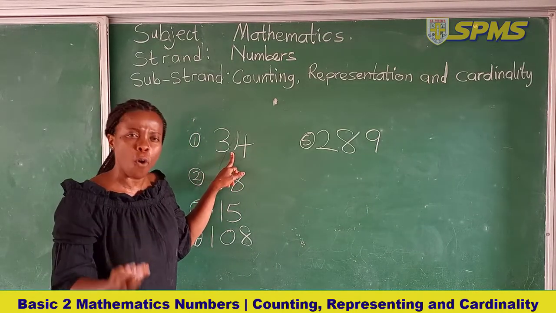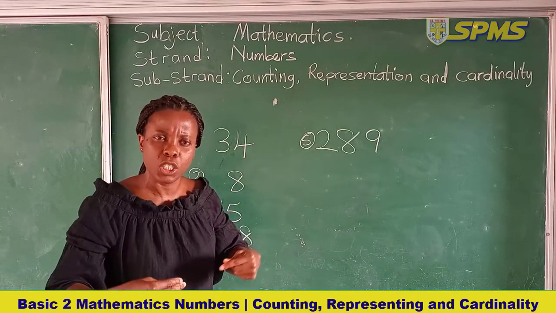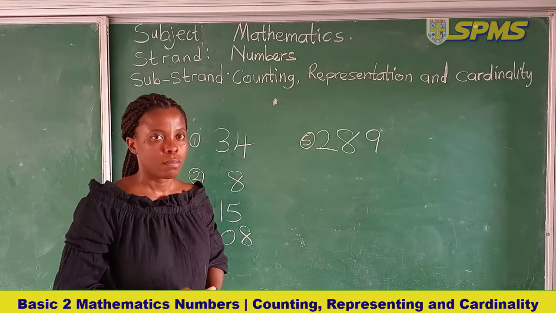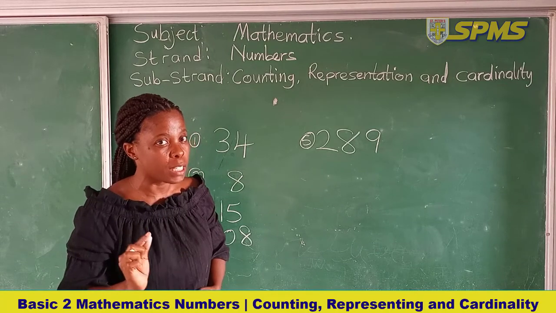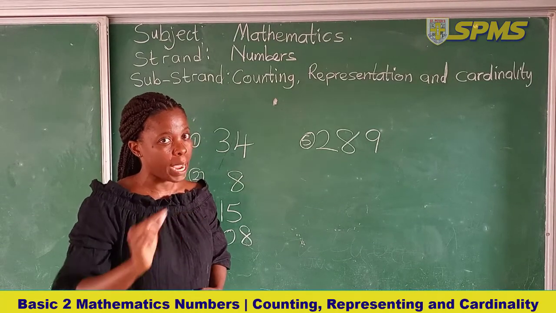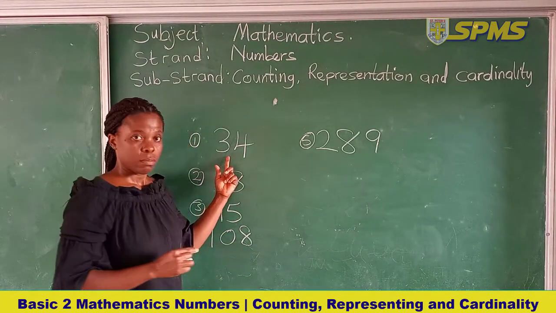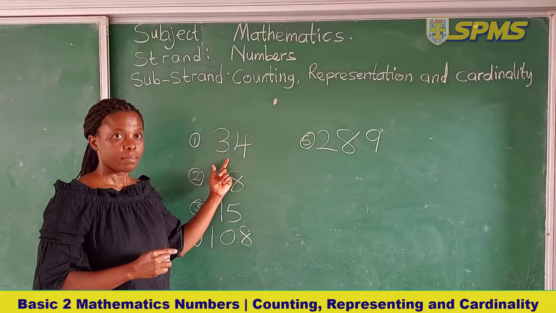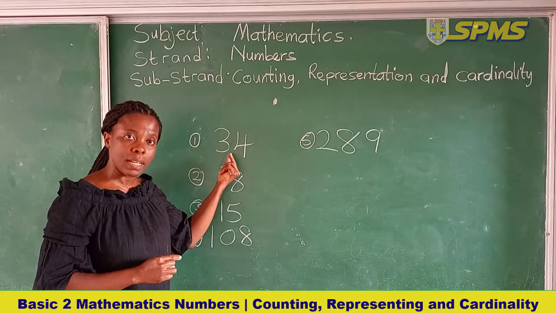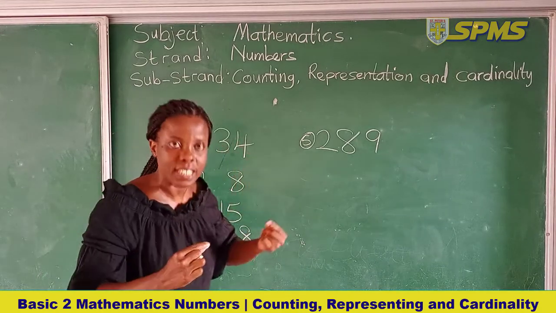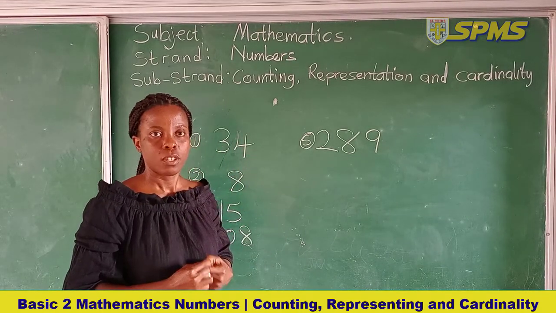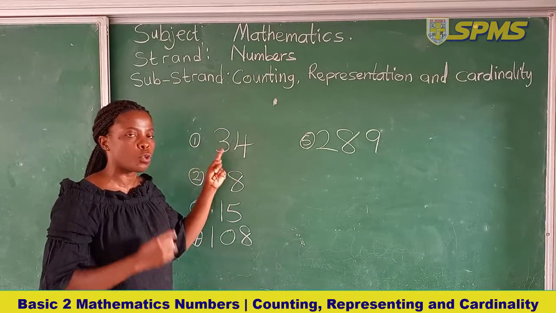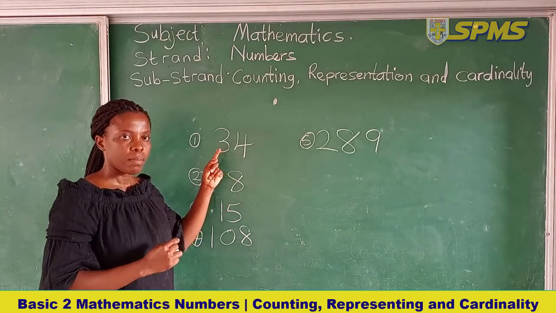So 34, how many digits do we have in the number 34? Remember I told you a digit means numbers from 0 to 9. Is there any single number here? There are two numbers that are together. So this is a 2-digit number. The number 34 is a 2-digit number.